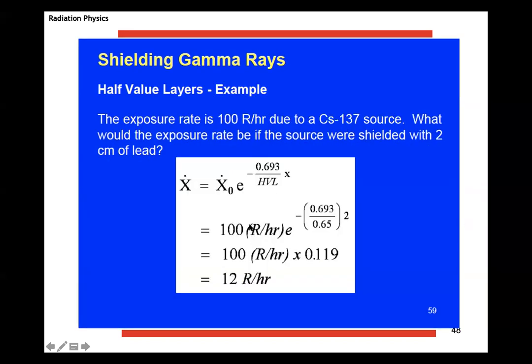So you can easily write that this is 100 Röntgen per hour, which is my source, times e to minus 0.693, that is our constant, divided by 0.65 times 2, because it's 2 centimeters of lead. And then the new exposure rate is 12 Röntgen per hour. So you see, with 2 centimeters of lead, I go from 100 Röntgen per hour to 12 Röntgen per hour.